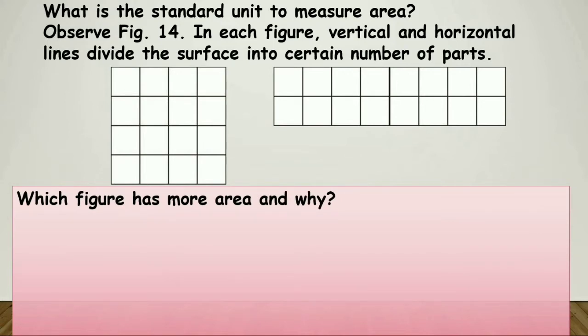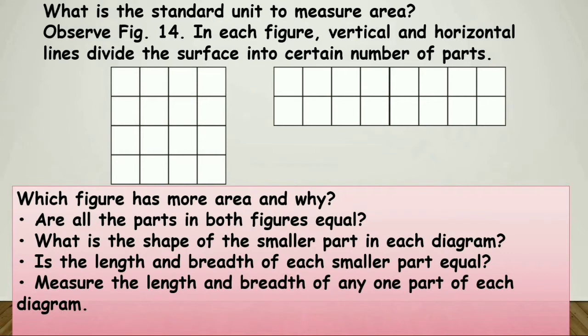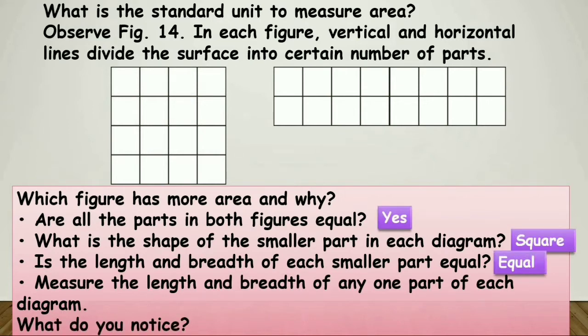Which figure has more area? What is the shape of the smaller part in each diagram? Square is the shape. Are the parts of both the figures equal? Yes. Are the length and breadth of each small part equal? Yes. Measure the length and breadth of one part of the diagram. What do you notice? Okay, these are the answers we have.